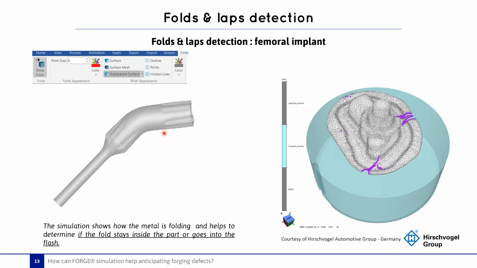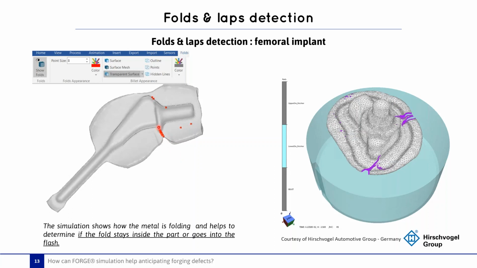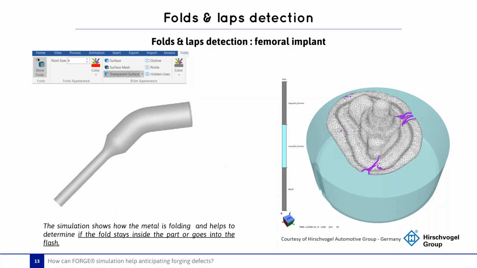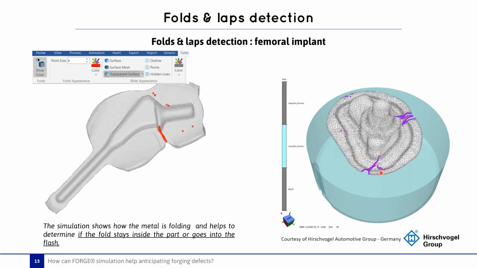We can notice in this implant forging that the fault goes into the flash. On the right, we see another example. This is an automotive part where we can check the apparition of the fault in this area.